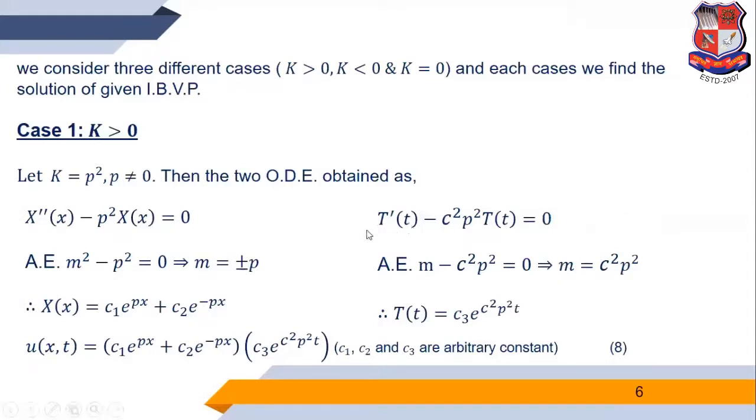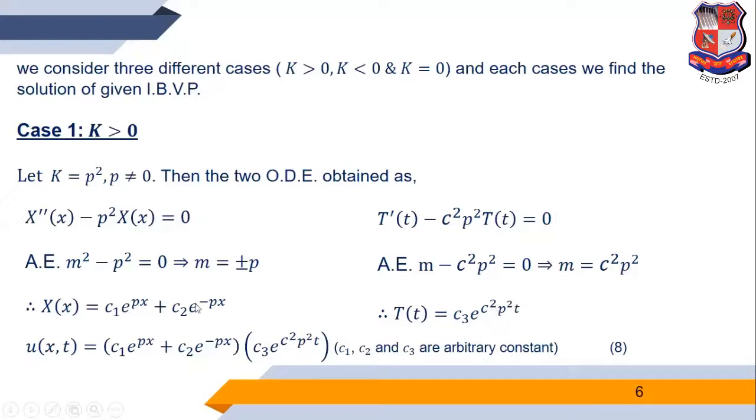Similarly, here T dash is equal to c square p square T. So m is equal to c square p square, the auxiliary equation of this form. Therefore, we write the solution form T(t) is equal to c3 e raised to c square p square t.